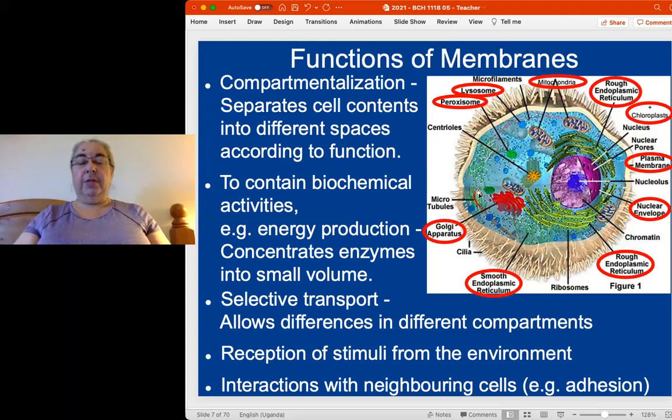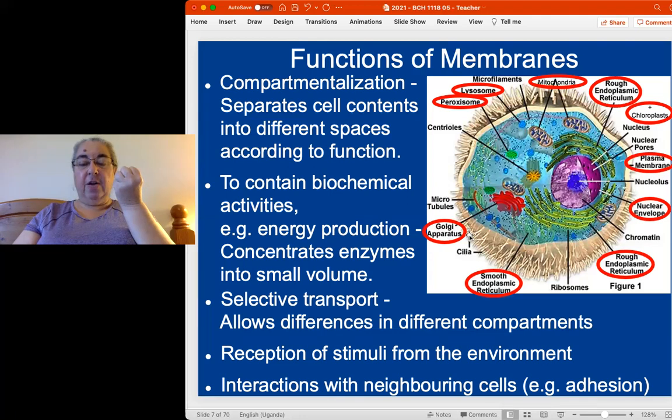So another important function of the membranes in cells is to contain biochemical activities into a small volume. This both separates it from the rest of the cell, but it also concentrates that activity.